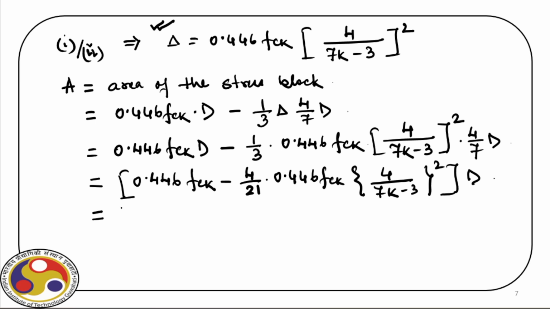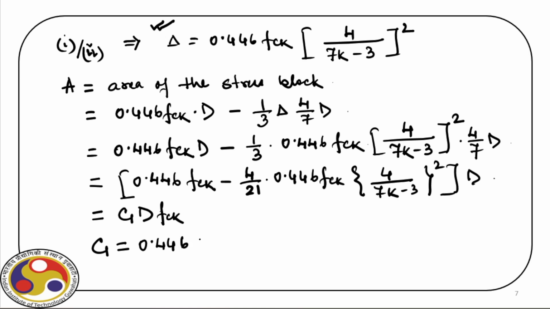So this in a compact form, we can write C1, that is the coefficient we have already defined, times D. So C1 is what? C1 is equal to 0.446. Sorry, here FCK is there.